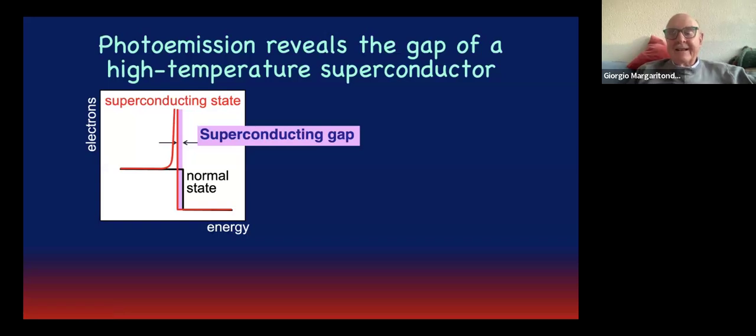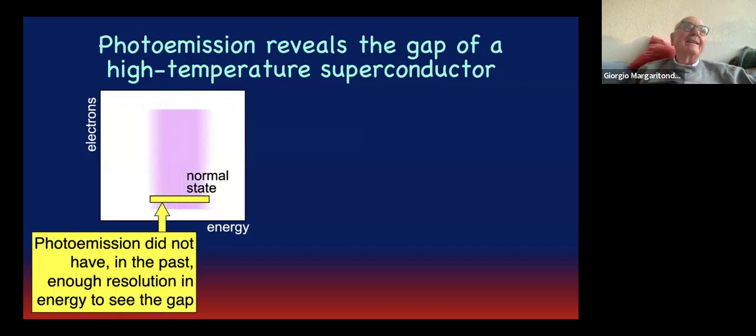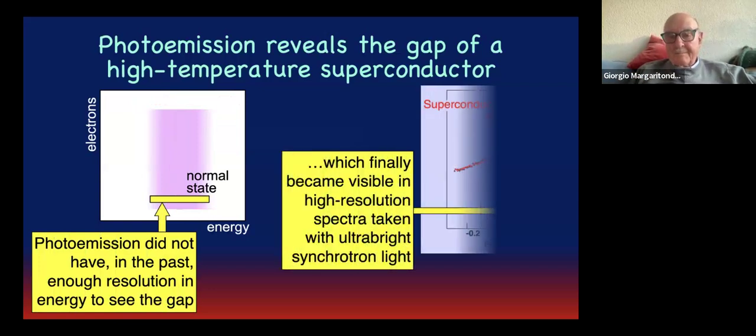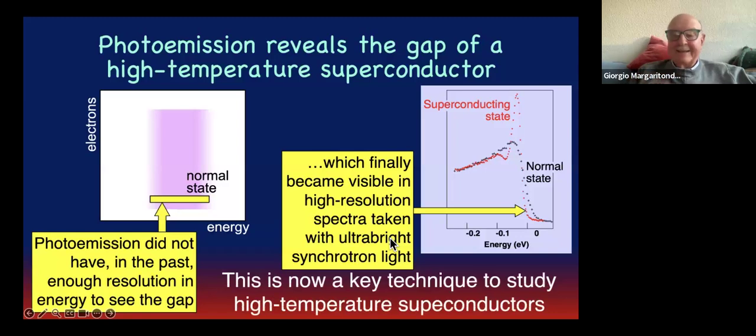This was discovered many years ago, but it was essentially impossible to look at the gap because it was too small to see it with photon emission. The resolution was not there, and therefore we just blurred everything. But then with the advent of ultra bright synchrotron radiation and the high temperature superconductors, the resolution became reasonable, and we could start seeing the superconducting gap directly. And this is now one of the main techniques to study high temperature superconductivity.